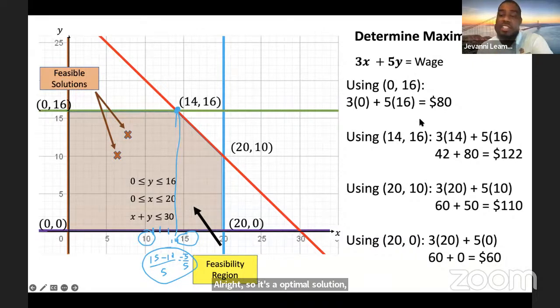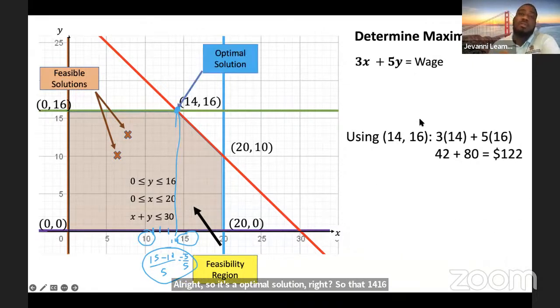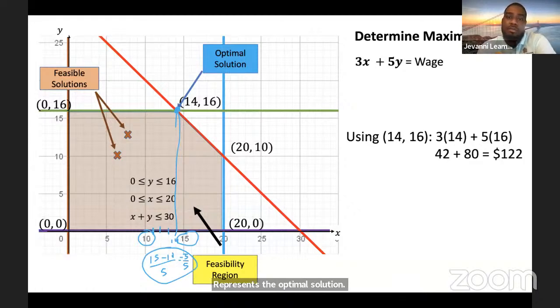So that 14, 16 represents the optimal solution. So how many kilograms of apples should I pick, and how many kilograms of pears should I pick? So you have the optimal solution.